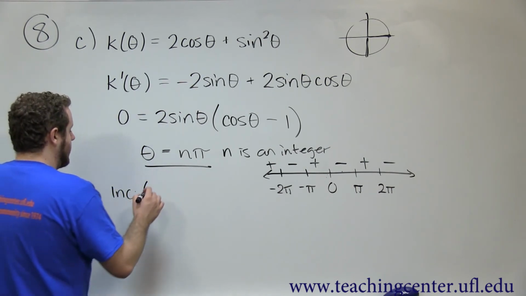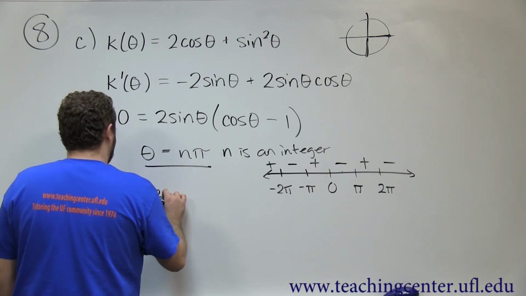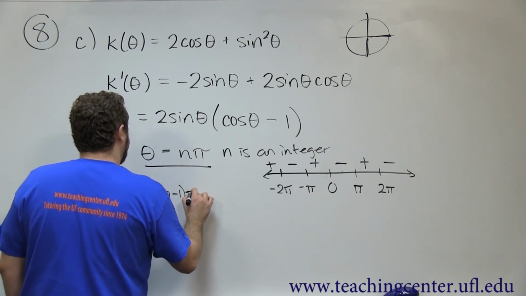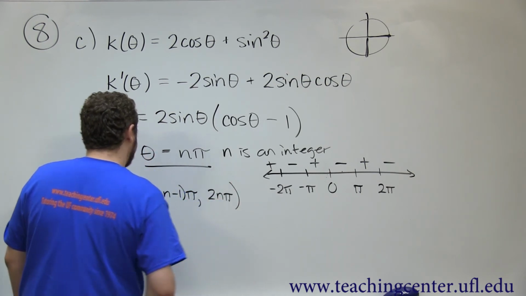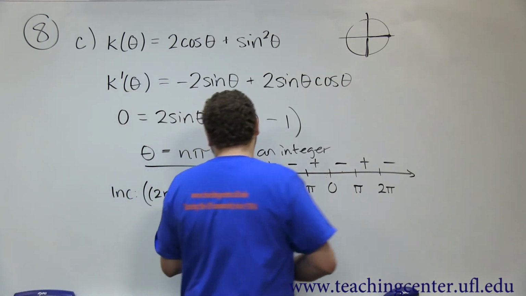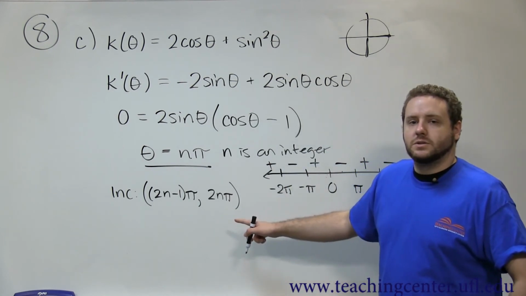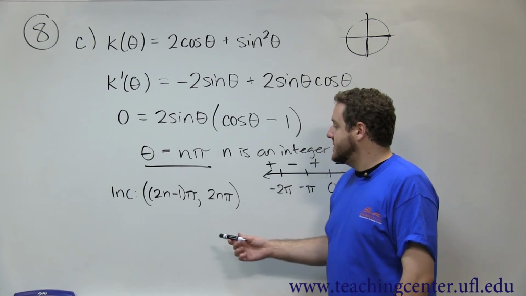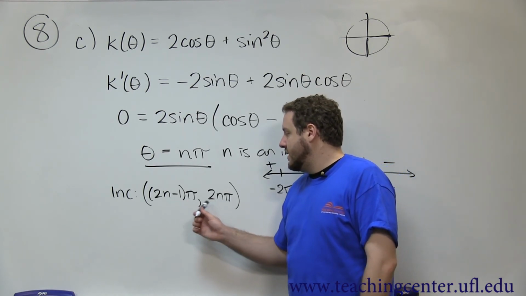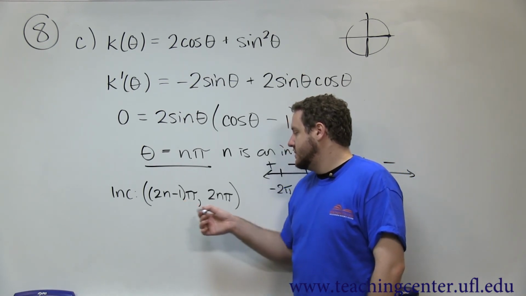How do we do that? You would say that's from 2n minus 1 pi to 2n pi. So 2n is always an even number, no matter what integer you plug in, and 2n minus 1 is always an odd number. So this way I'm saying for a given n, this is the odd to the even.